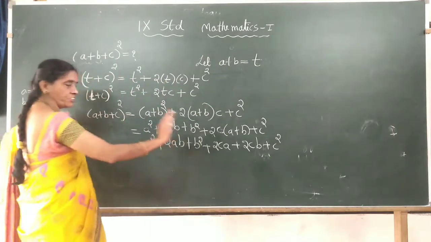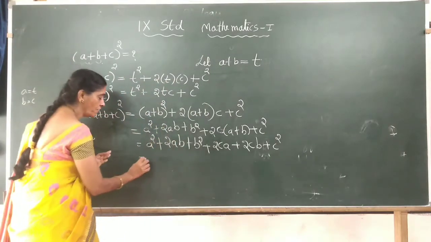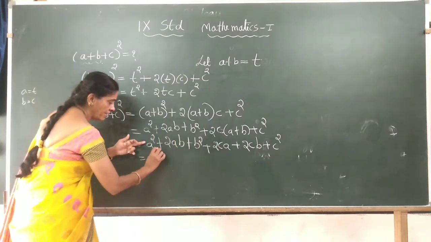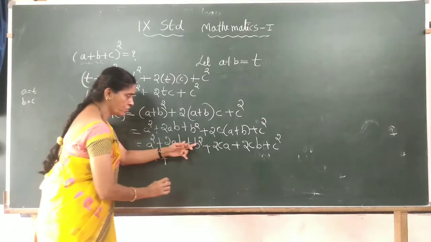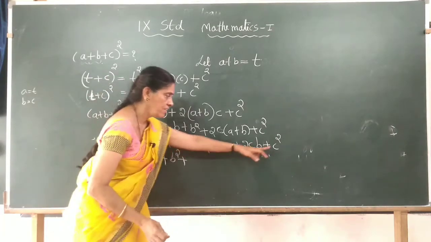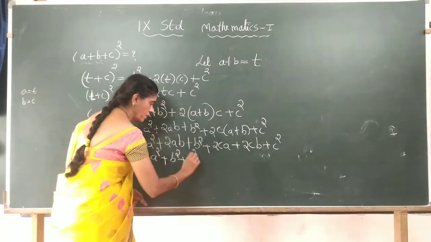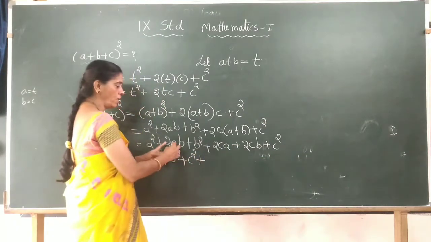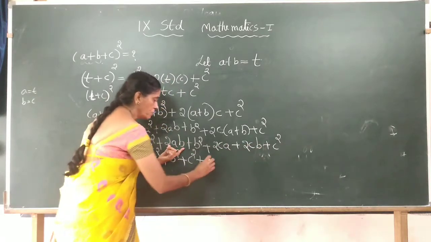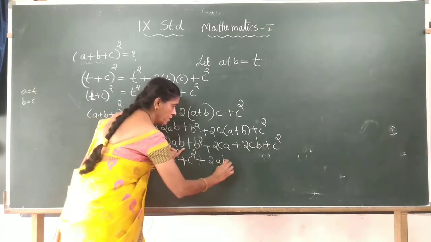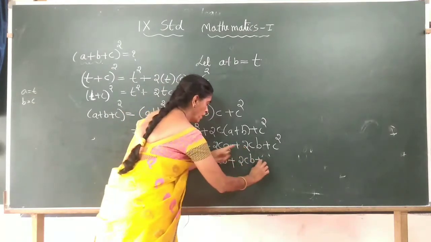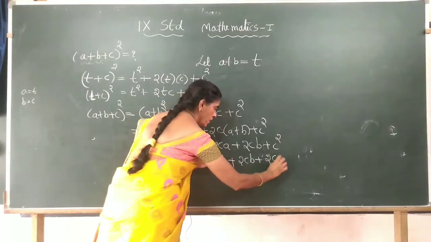I will arrange it for a convenient way of remembering the identity. Squares I will write first: a square, then one more square b square, plus one more square c square, plus now all the two terms together: 2ab plus 2cb plus 2ca.